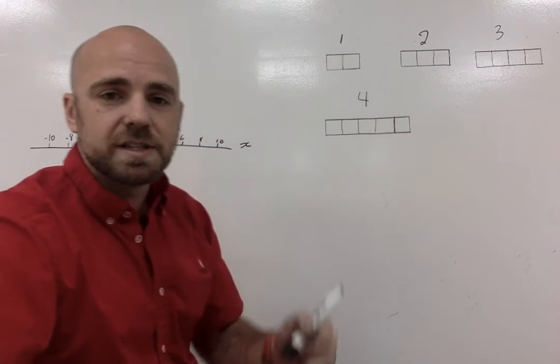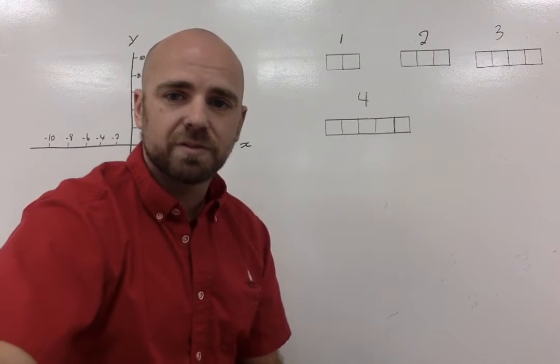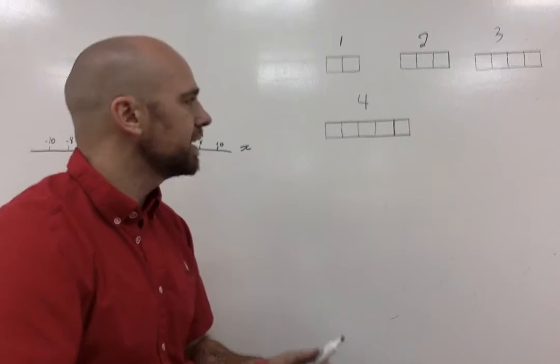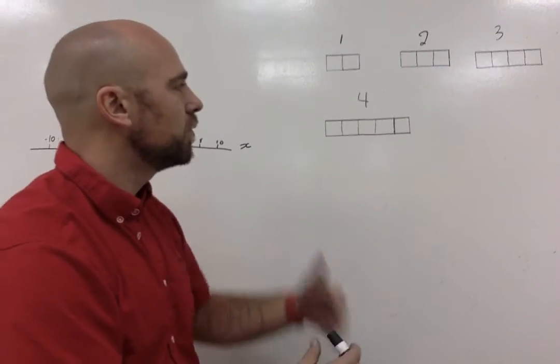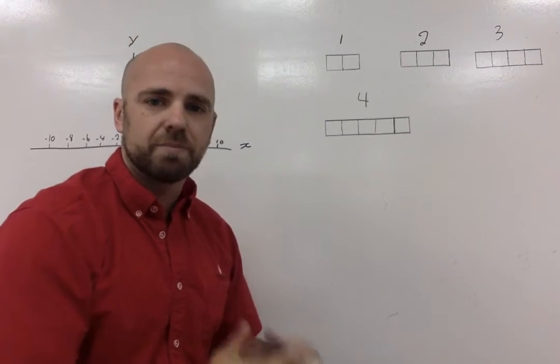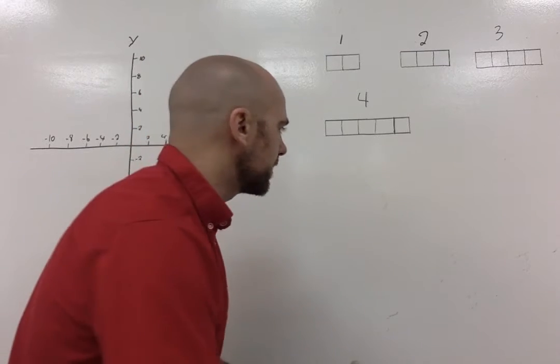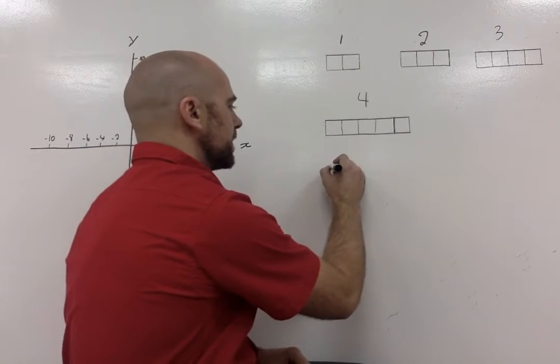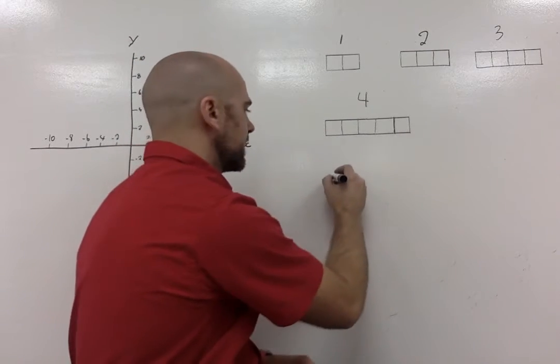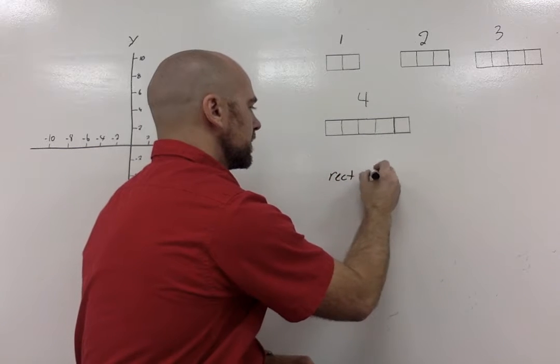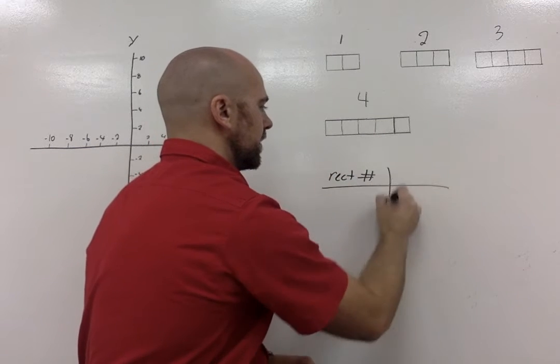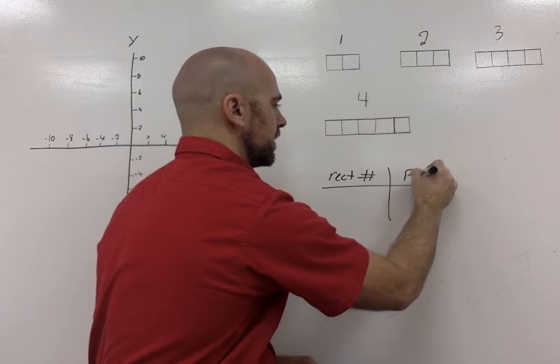I've just numbered these rectangles. The numbers don't necessarily represent anything, except that the higher the number, the bigger the perimeter. Here we have our rectangle number, and over here we will have the perimeter.